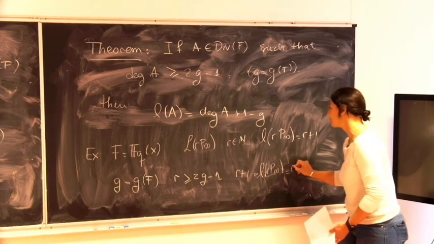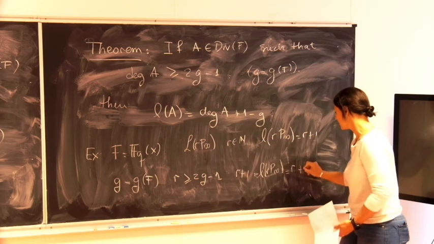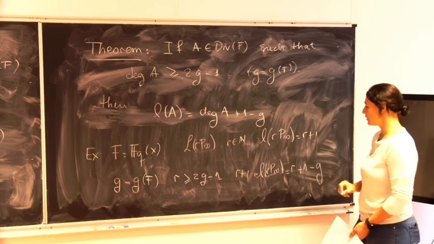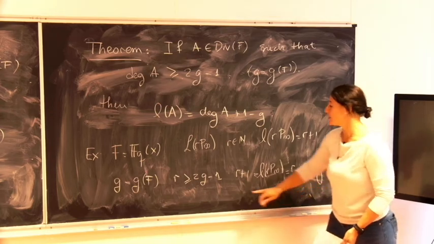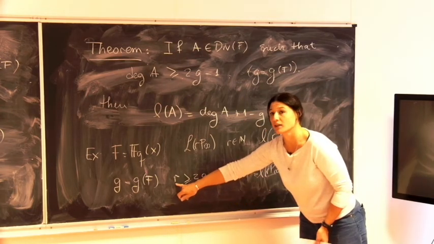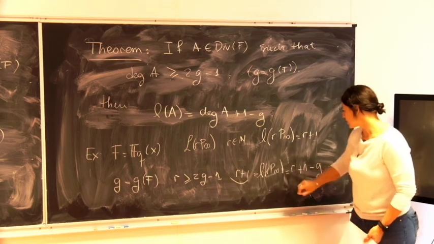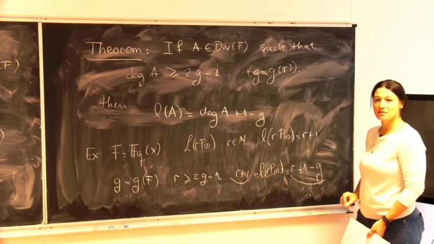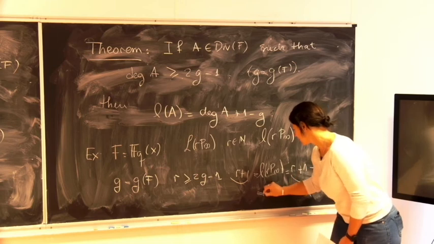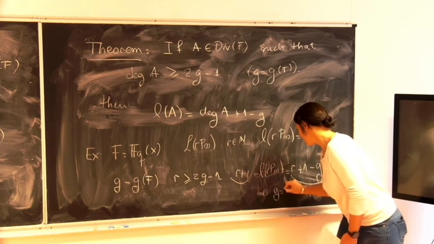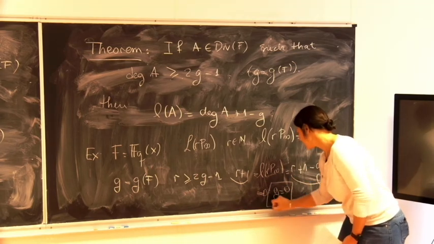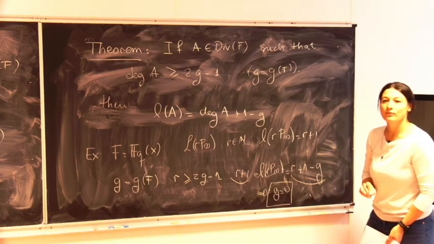So this is R plus 1 minus the genus. And this is true if R is sufficiently large. But in this case, what I got is that R plus 1 has to be R plus 1 minus the genus, and so the genus of the rational function field is 0. Okay?